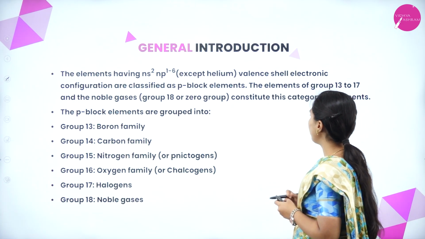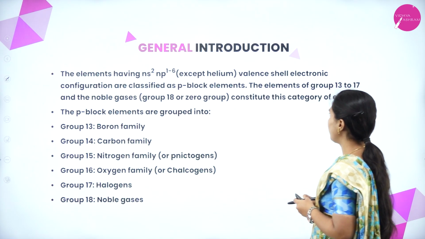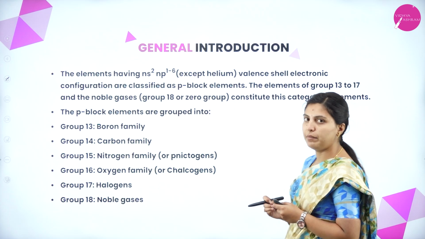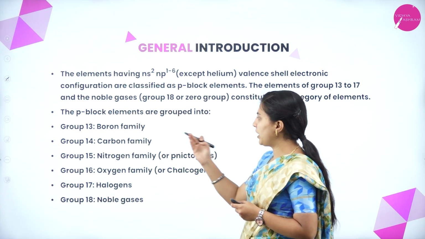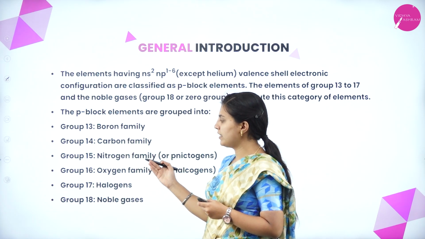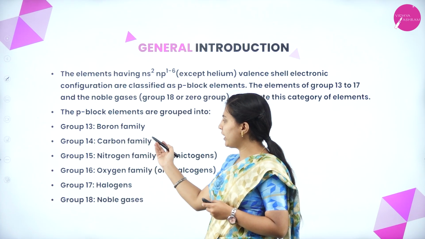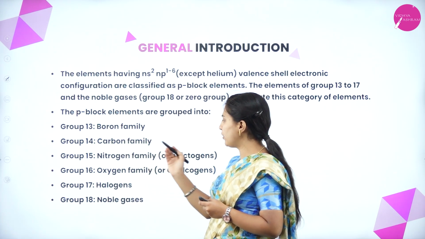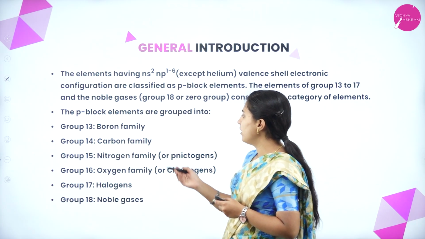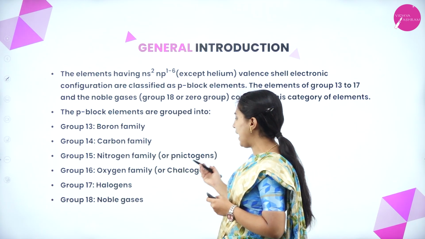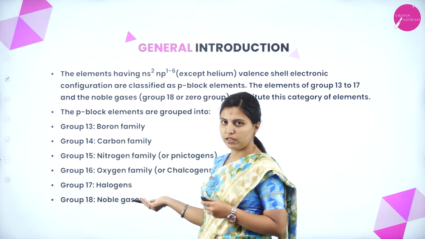The elements of group 13 to 17, and the noble gases of group 18 or 0 group, constitute this category of elements. The p block elements are grouped into group 13, 14, 15, 16, 17, 18. Group 13 boron family, group 14 carbon family, group 15 nitrogen family, or it can be called pnictogens, group 16 oxygen family, chalcogens, group 17 halogens, group 18 noble gases.